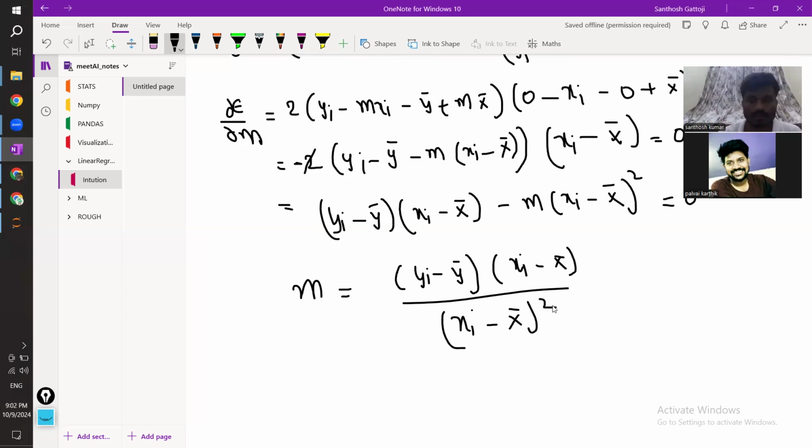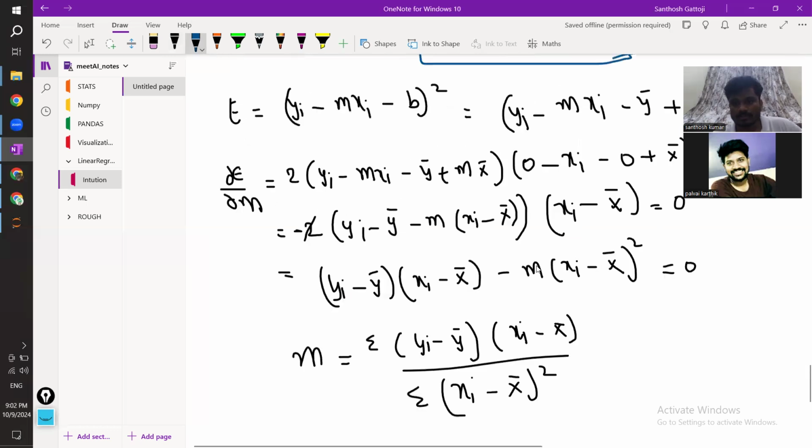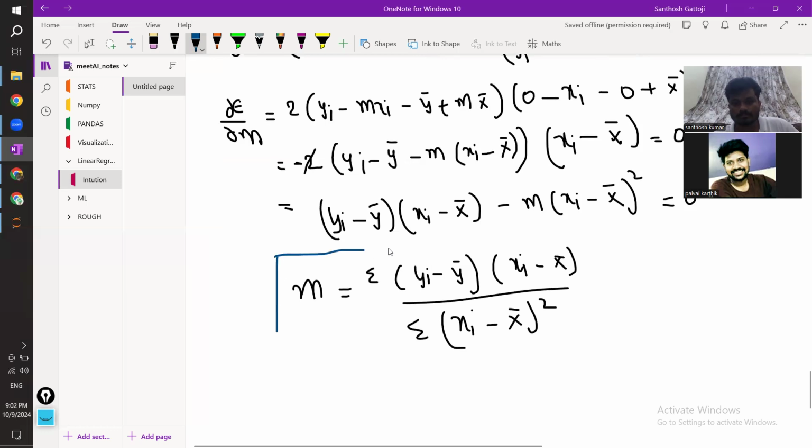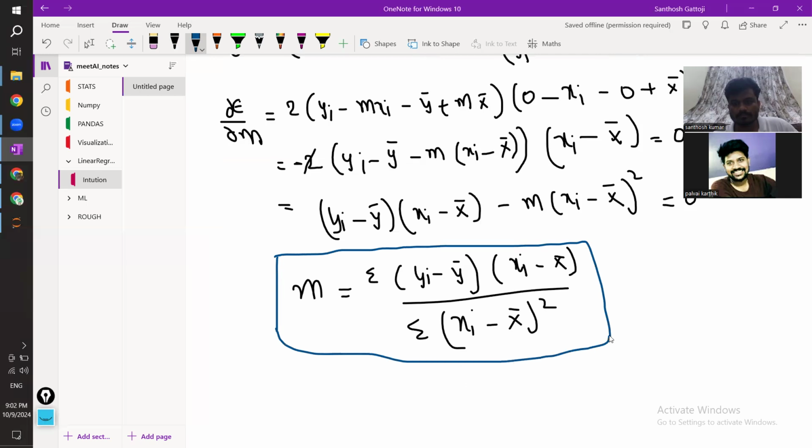And you will have summation, obviously, of (yi minus y bar) into (xi minus x bar) by (xi minus x bar) whole square. Simple. This will go this side and you will bring that (xi minus x bar) whole square term to the denominator. Is this clear?